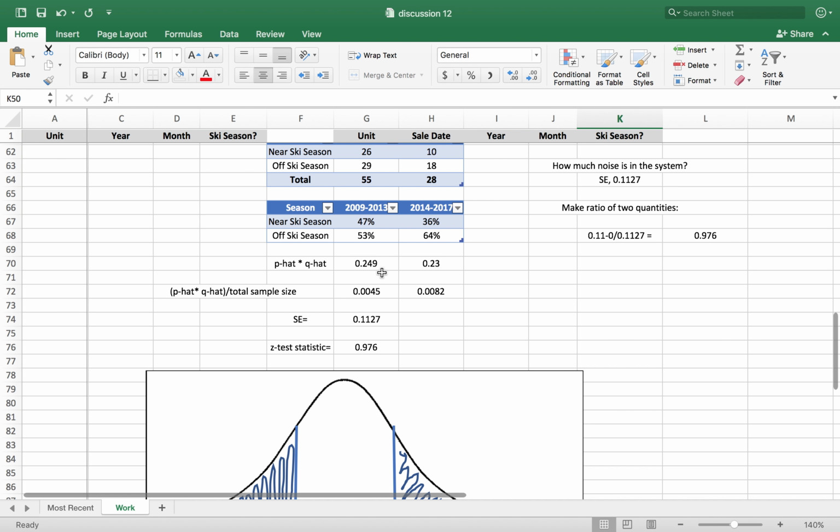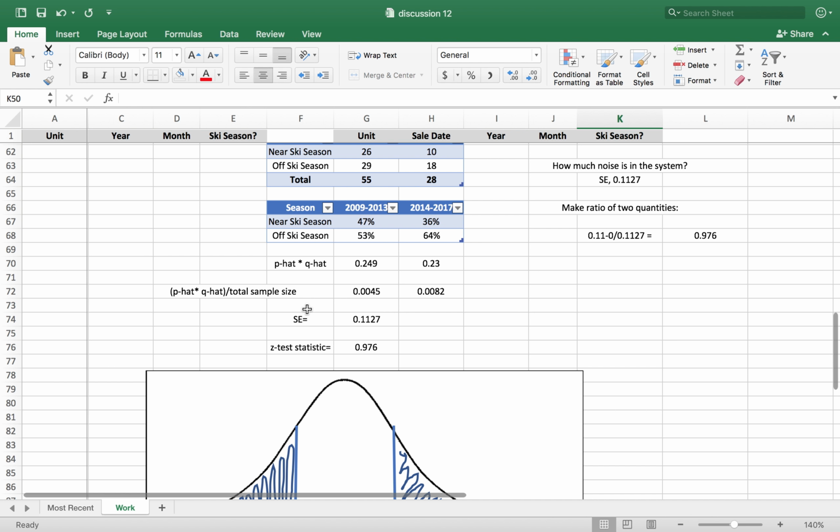After that, the next step is to take each total and divide it by its sample size. So 0.249 divided by 55 is 0.0045, and 0.23 divided by 28 is 0.0082.